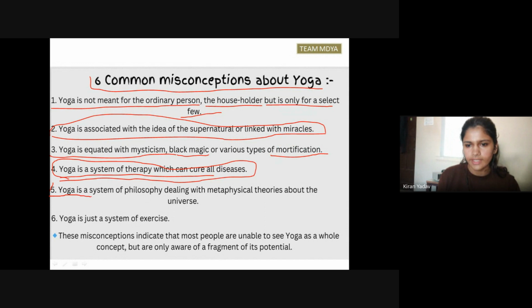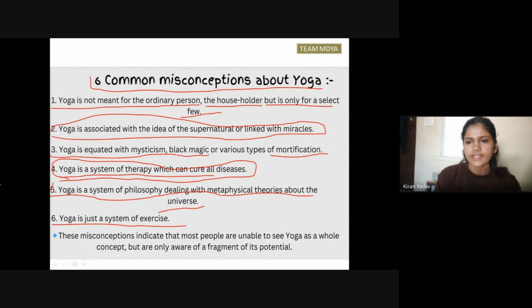Fifth point is yoga is a system of philosophy dealing with metaphysical theories about the universe. Sixth is yoga is just a system of exercise. So these are the common misconceptions.